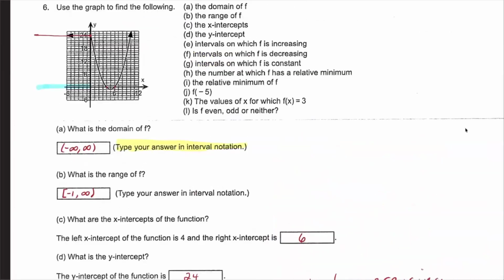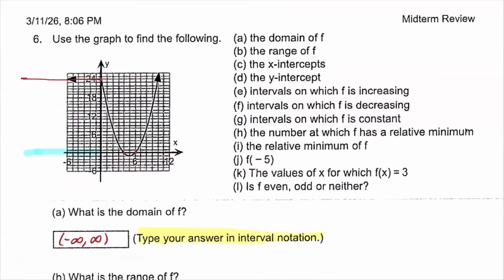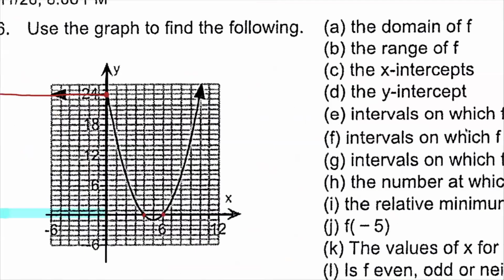Then I want to do decreasing. So where is the graph decreasing? Well, the graph starts decreasing when x is 0, because I'm going to use a different color. It starts decreasing from 0, and then it stops decreasing right here. It stops decreasing at 5. 1, 2, 3, 4, 5.